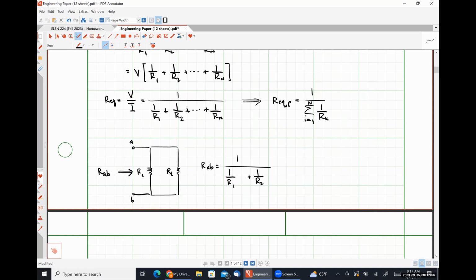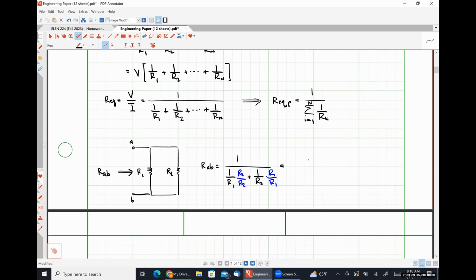What I'm going to do now is have some fun with fractions. Okay. So I'm going to multiply that 1 over R1 term by a factor of R2 over R2. I'm going to multiply that 1 over R2 term by a factor of R1 over R1. Okay, so I'm just multiplying by fancy versions of the number 1. And what's going to happen is that now I have a common denominator in my denominator.